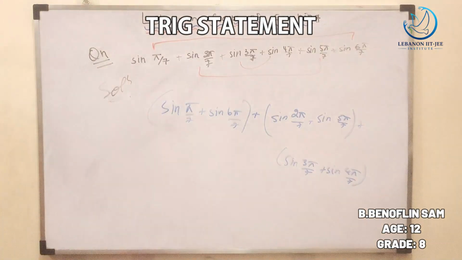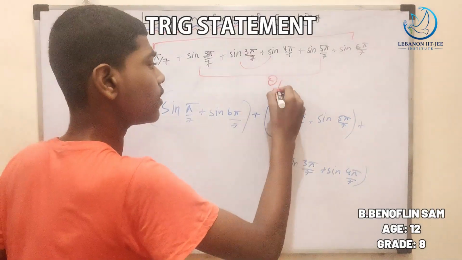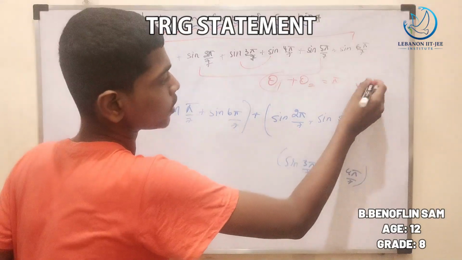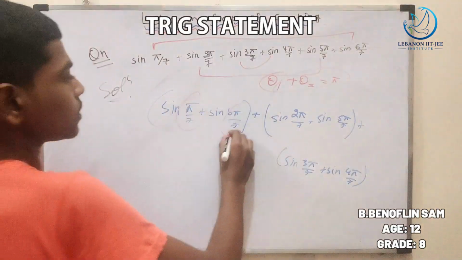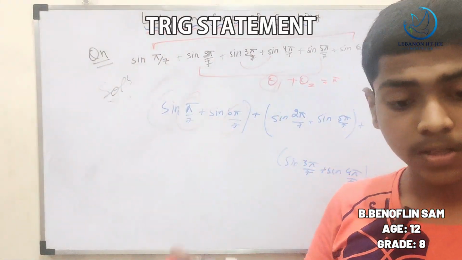You can see that theta 1 plus theta 2 is equal to pi. It's the format of statement 1, so sin theta 1 is equal to sin theta 2.